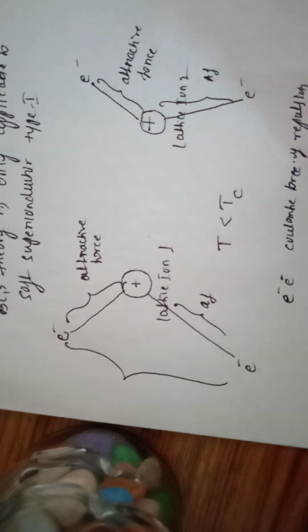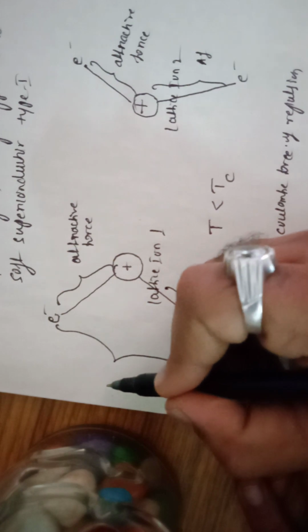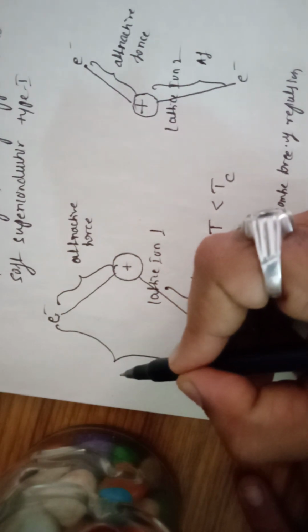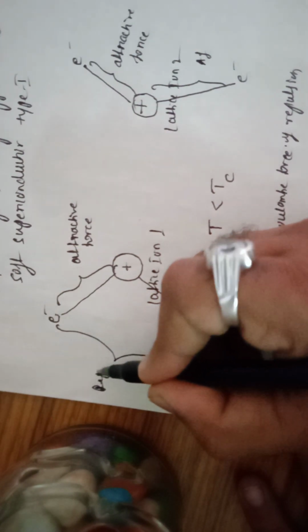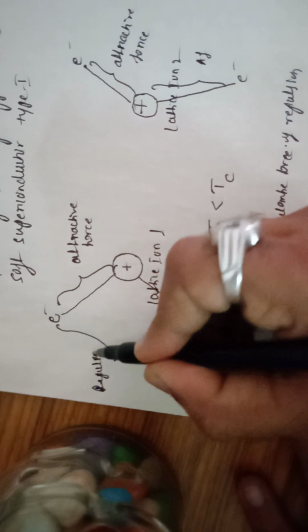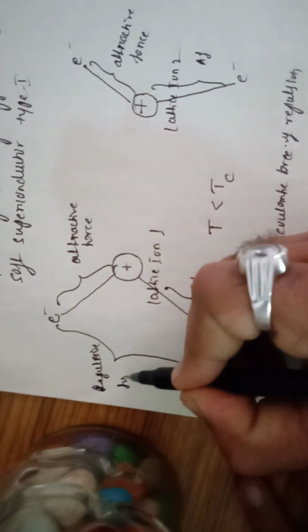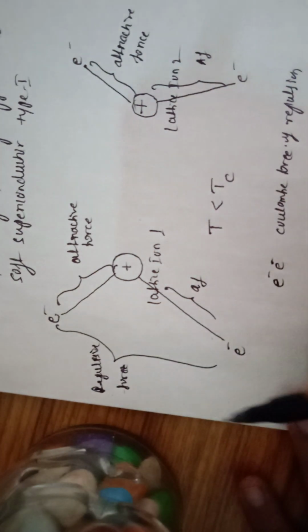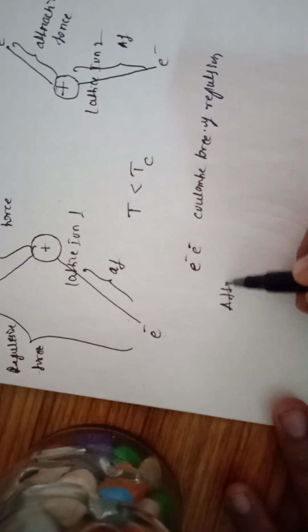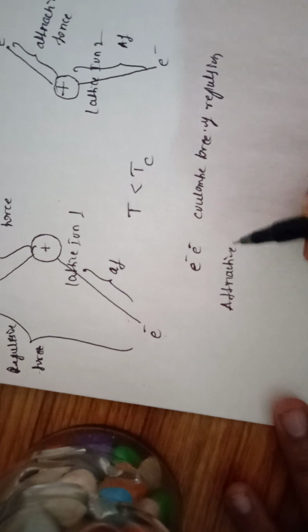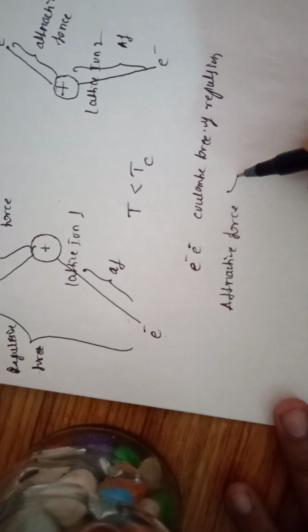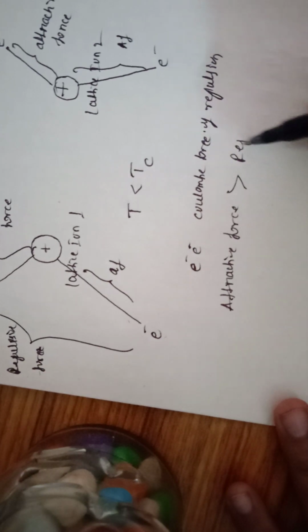They have integral spins. So now the repulsive force is dominated by the attractive force. So we can write attractive force is greater than repulsive force.